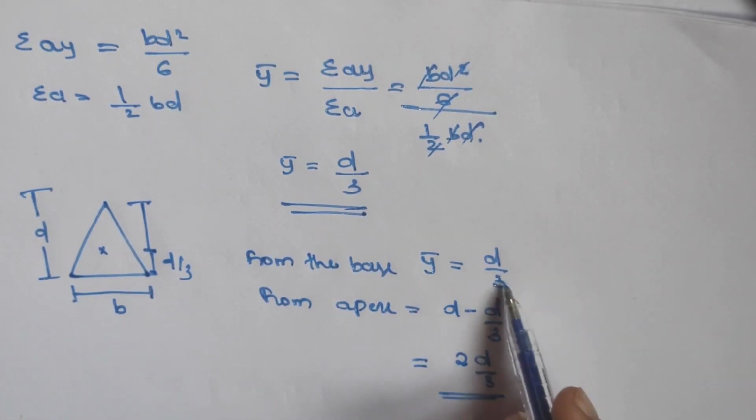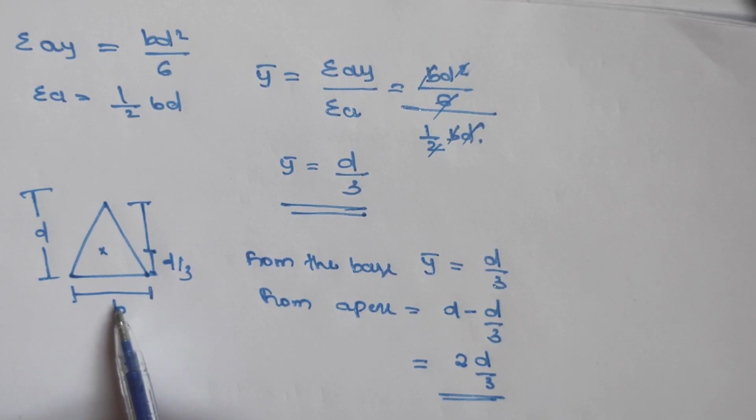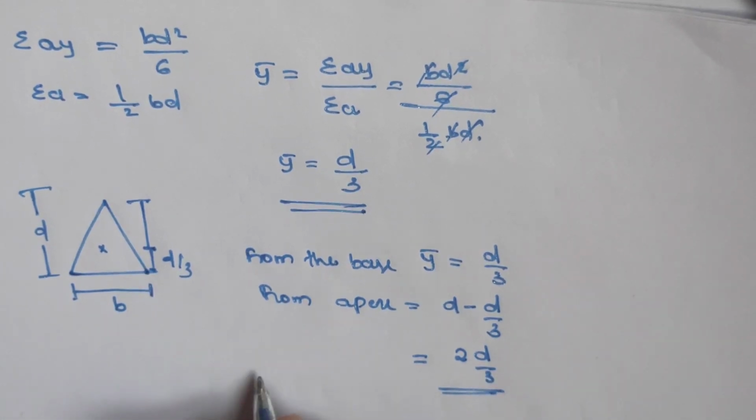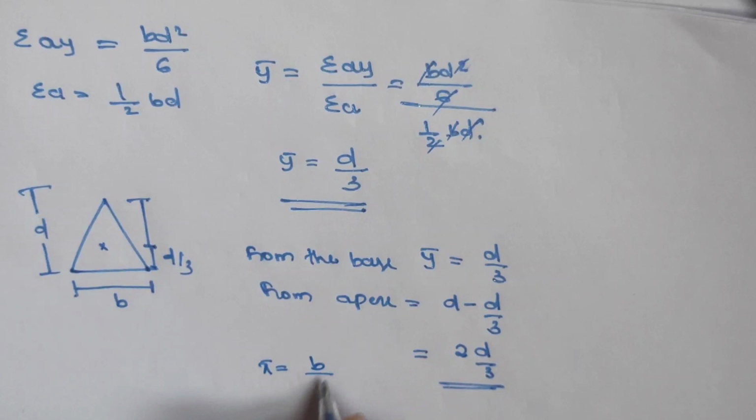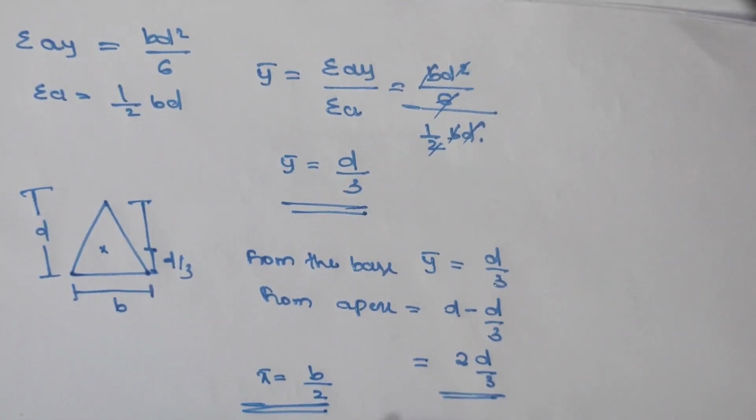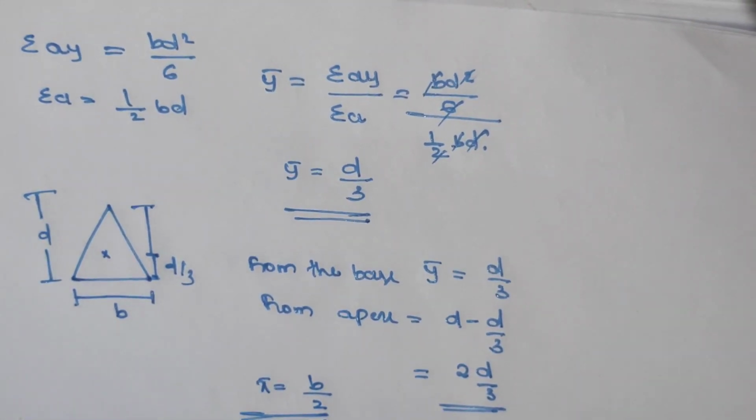Now y bar is d by 3 and x bar will be b by 2 for this triangle. I hope everyone understood this derivation.